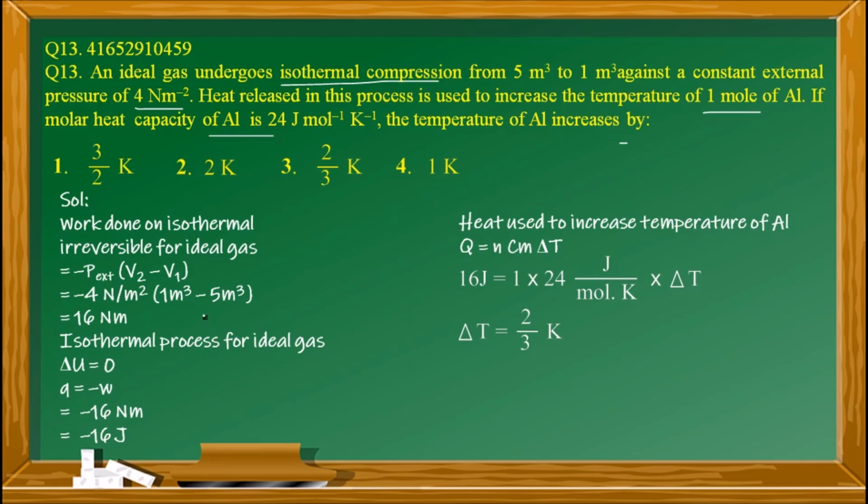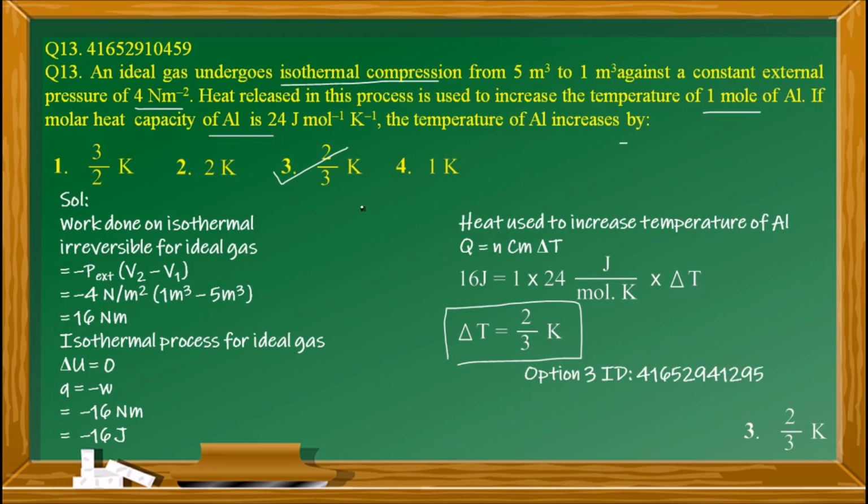Substitute the given values. The heat used to increase the temperature of aluminium is Q equals n Cm delta T. Substituting the values, you get 2 by 3 K. So option number 3 is the correct option, friends.